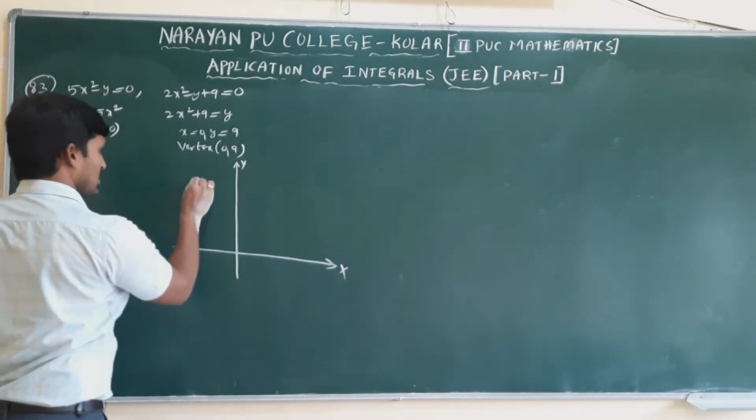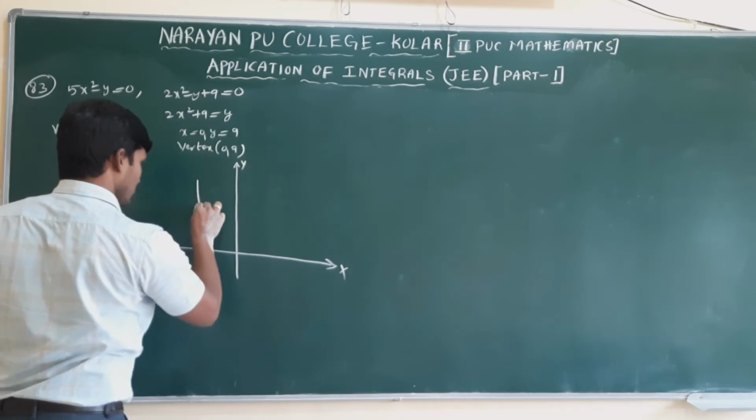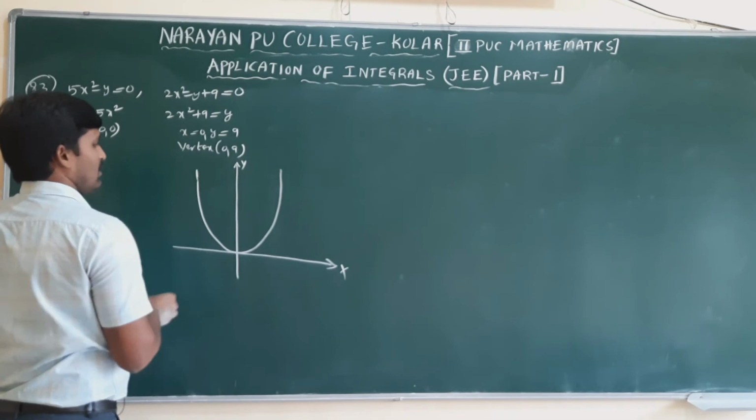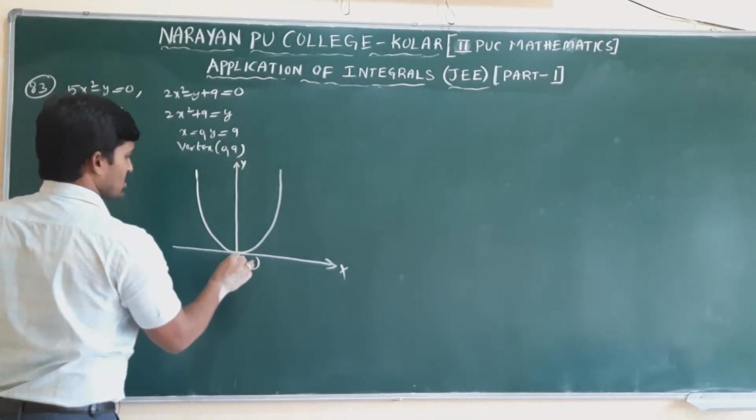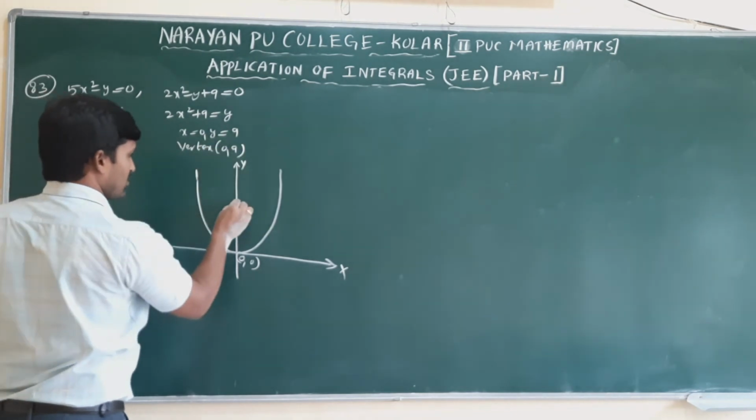The first curve is clearly the third form of parabola, because the vertex is (0, 0): x value 0, y value 0. When x is 0, the y value is 9, so somewhere here we get 9.